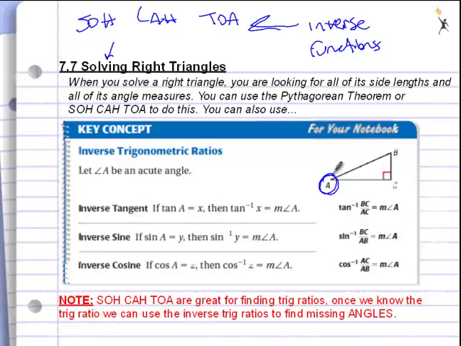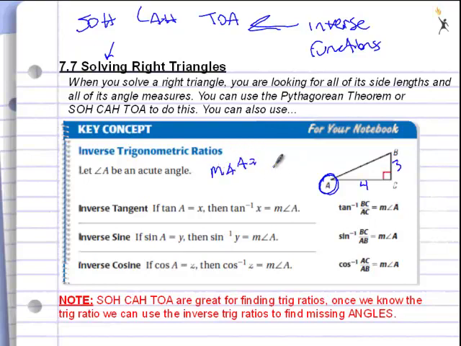But here's where you really have to know your trig ratios. If they give you, let's say, BC as 3, and they give you AC as 4, here's what you have to ask yourself. What parts of the triangle did they give me? If I'm looking for the measure of angle A, what other sides did they give me? All of your trig ratios use either the opposite, the hypotenuse, or the adjacent sides.